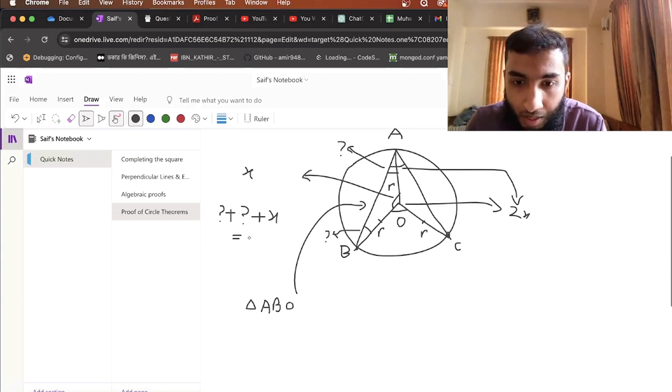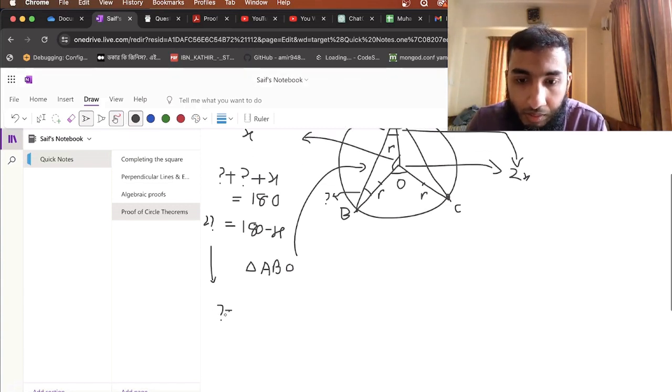is 180 degrees, right? So what is question mark? 2 multiplied by question mark is 180 minus X. Or we can also write from this equation, question mark is (180 minus X) by 2.